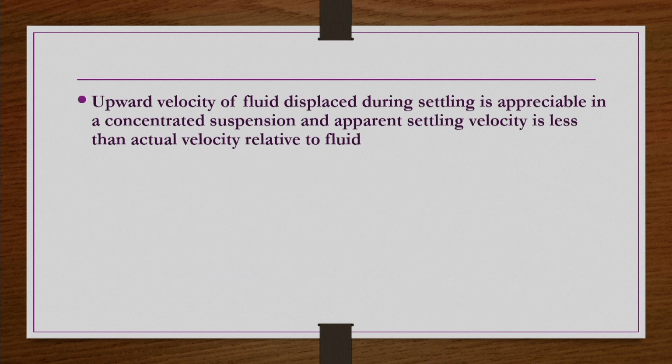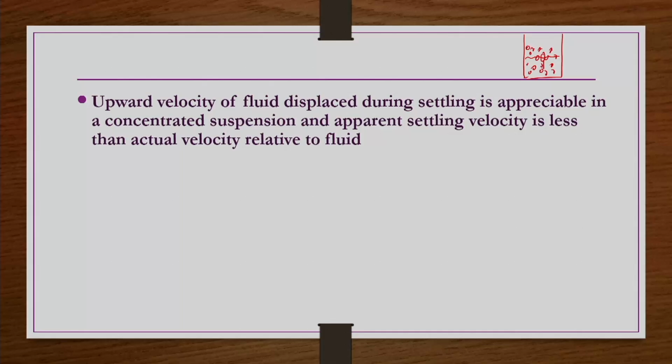Upward velocity of fluid displaced during settling is appreciable in a concentrated suspension, and the apparent settling velocity is less than the actual velocity relative to the fluid. What happens? Let us say you are doing this separation. These particles are settling, and they have different size distributions.